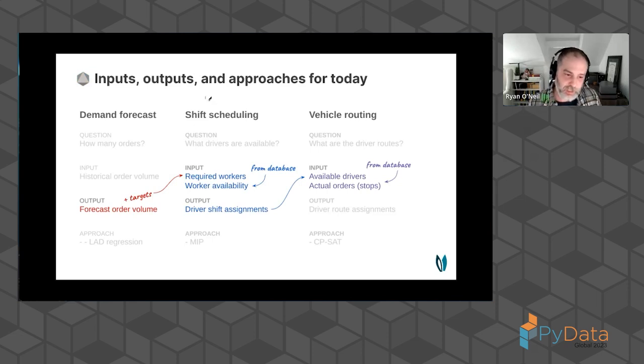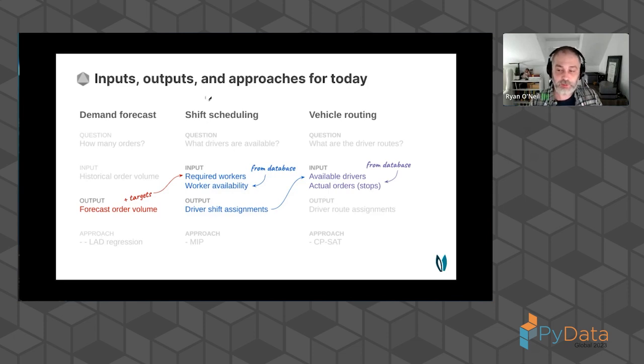So in a production environment, this is how these three things typically work together. We typically forecast some sort of demand, and that, combined with targets, produces the actual scheduling targets that we need to hit. For example, our forecast might tell us we're going to have 50 deliveries to do between 2 and 4 p.m. on Friday.